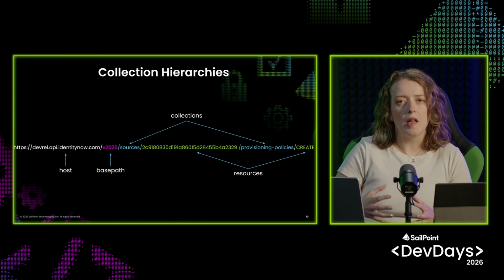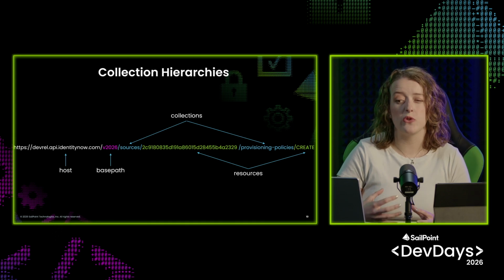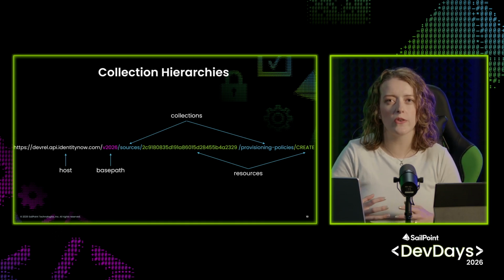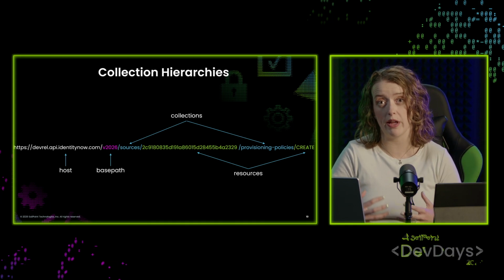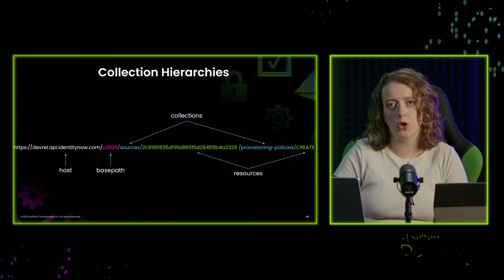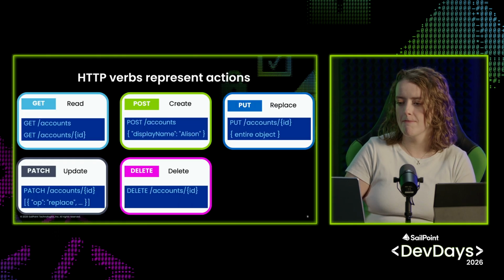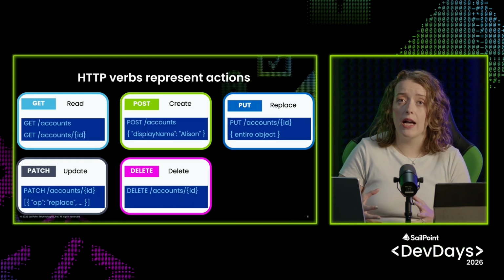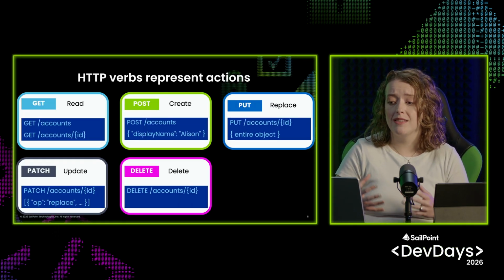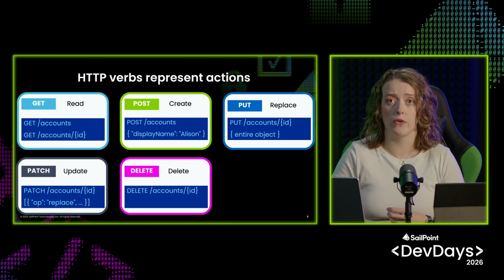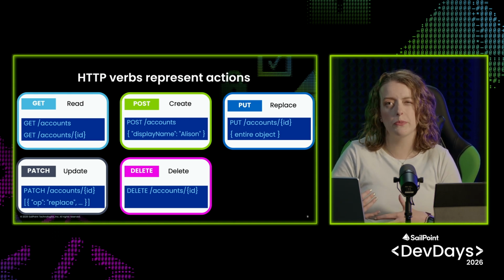Now, the URL tells the server what resource you want, but it doesn't tell the server what to actually do with this resource. That's the job of an HTTP verb. There are 5 HTTP verbs that tell the server what to do with your resource. Let's break them down.